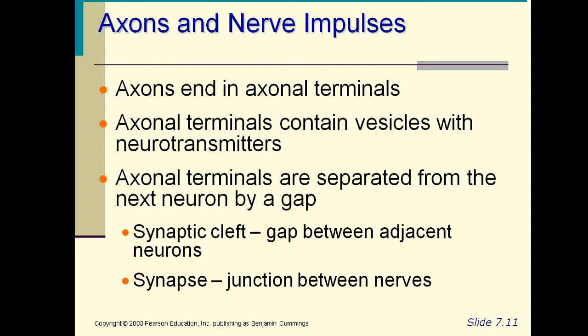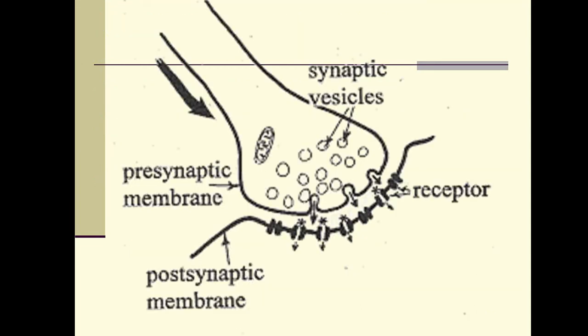Okay, so axons end in axon terminals. Axon terminals contain vesicles with neurotransmitters, and the junction between two nerve cells is called a synapse, and there's a small space called the synaptic cleft. Okay, this is the picture. You have one ending of an axon here, and you have the next nerve cell.